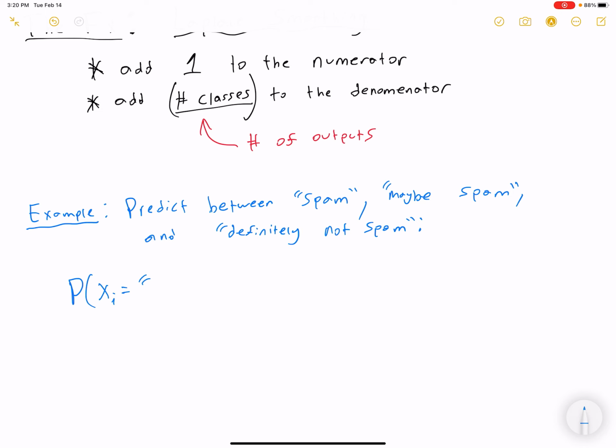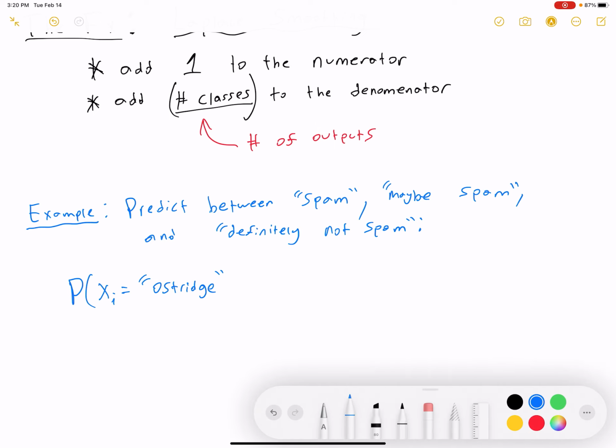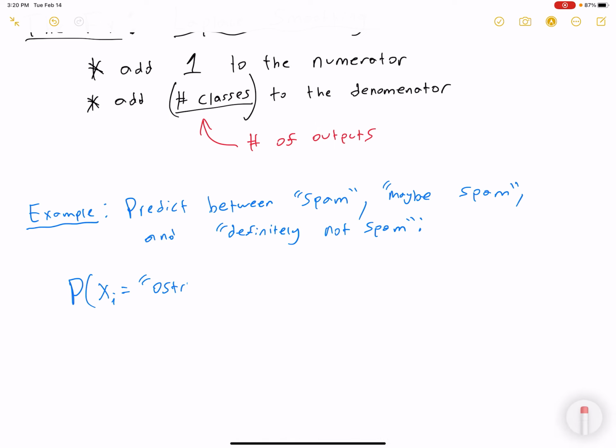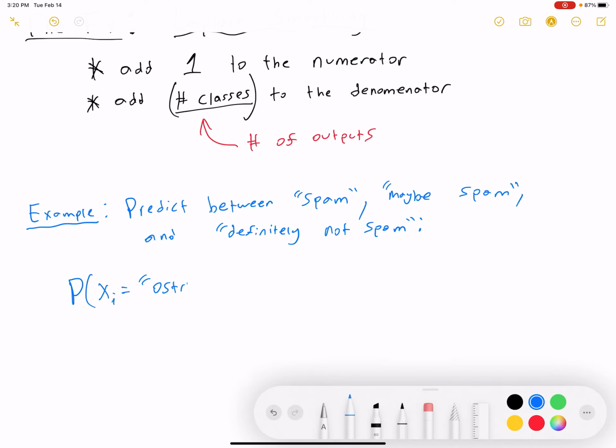Yeah, so what would be a rare word that you might not encounter a lot? Ostrich. Ostrich, sure. Is that how you spell ostrich? O-S-T-R-I-C-H. That's how I would spell it. Even rarer, makes it more suspicious.